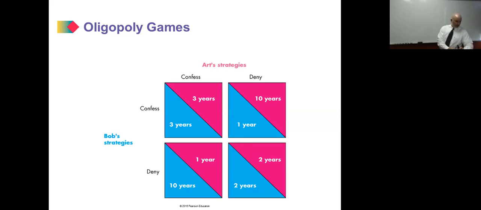Correct. If Art denies and Bob confesses, Art gets 10 years. Who agrees Art gets 10 years? Come on, let's have some participation.